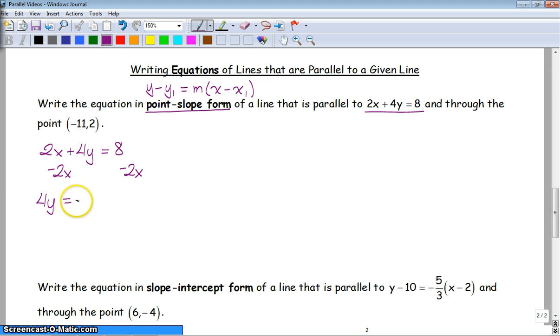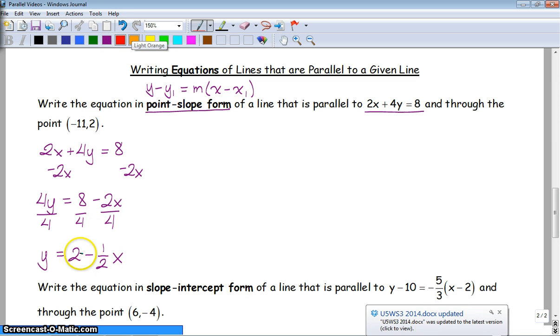4y equals 8 minus 2x. Then we divide each and every single term by 4. 4y divided by 4 is y. 8 divided by 4 is 2. Negative 2x over 4 reduces to -1/2 x.